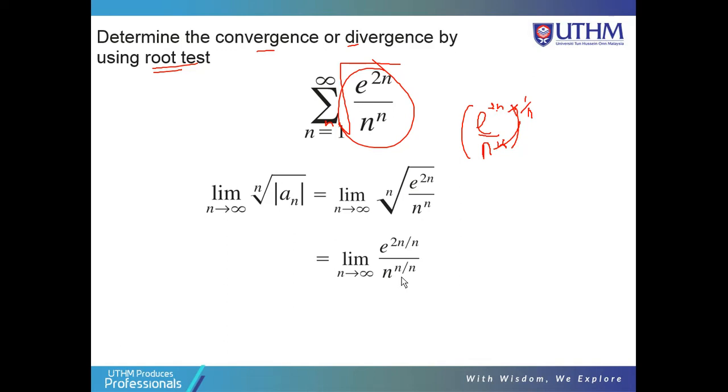You simplify here, and you get 2 over n. So you take the limit to infinity, and any constant here is a constant.